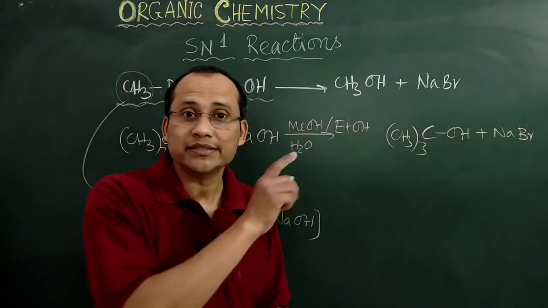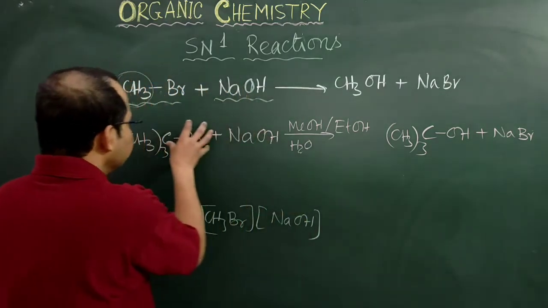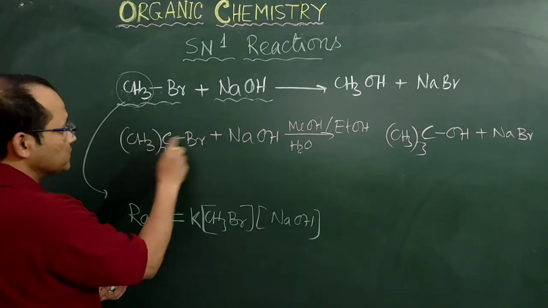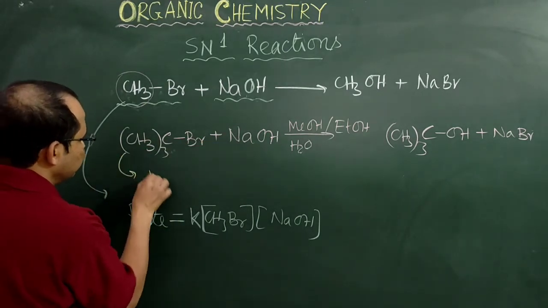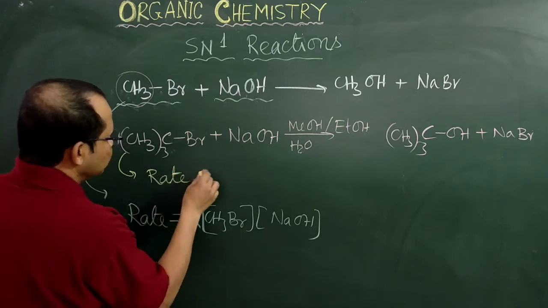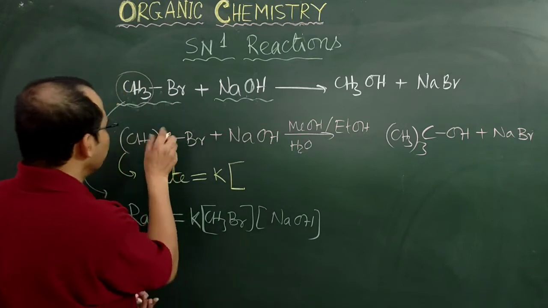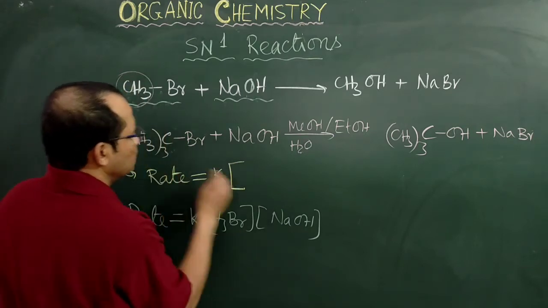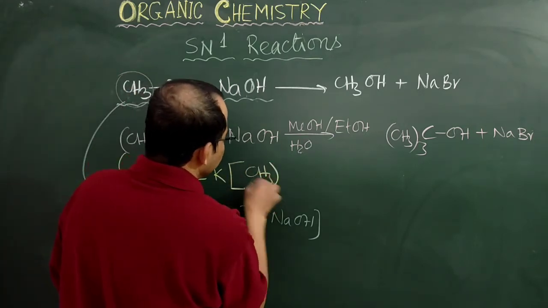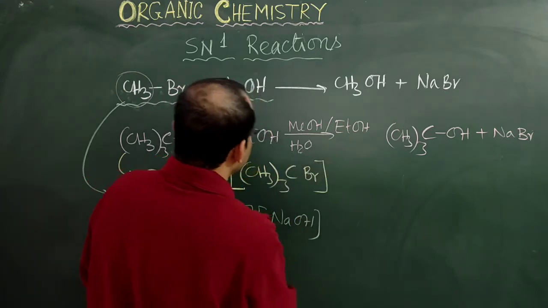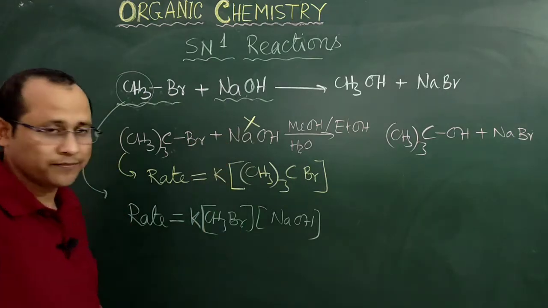But one interesting point is observed in this case. If we observe the reaction rate here, the rate will be related only to the concentration of this, that is, it will be dependent only on the concentration of this thing, not on this.